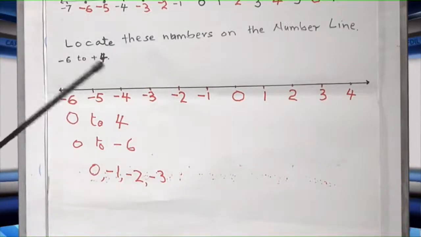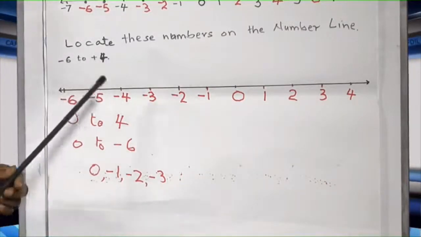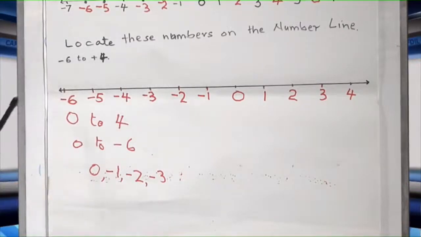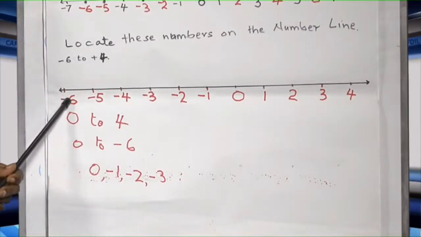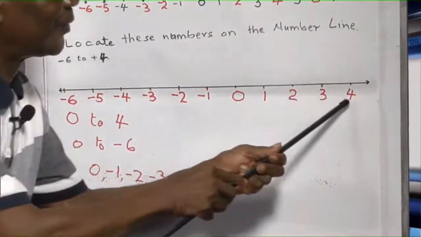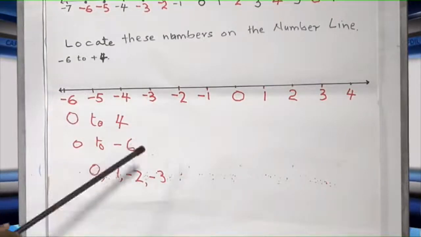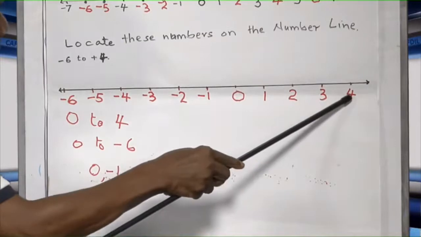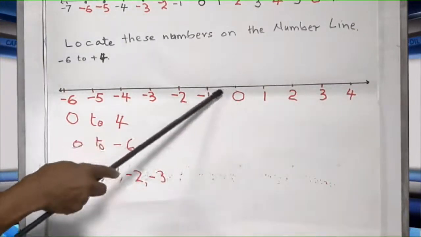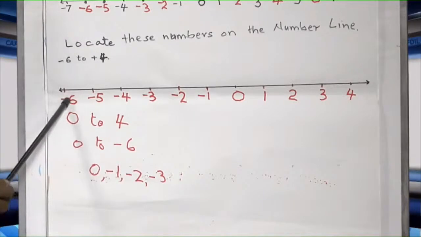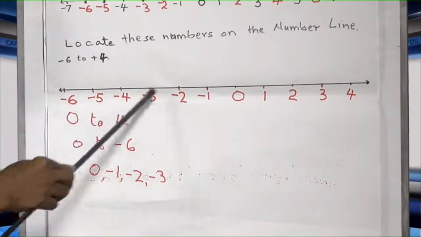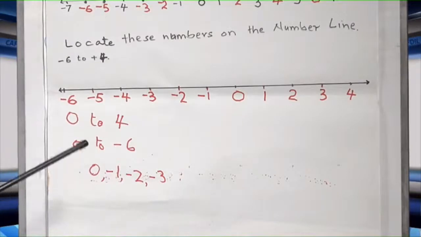So we have finished working on the number line with the values -6 to +4. I repeat, we have finished the work. We have 0 to 4 positive, and then 0 to -6. So that is how we draw the number line and locate both positive and negative numbers.